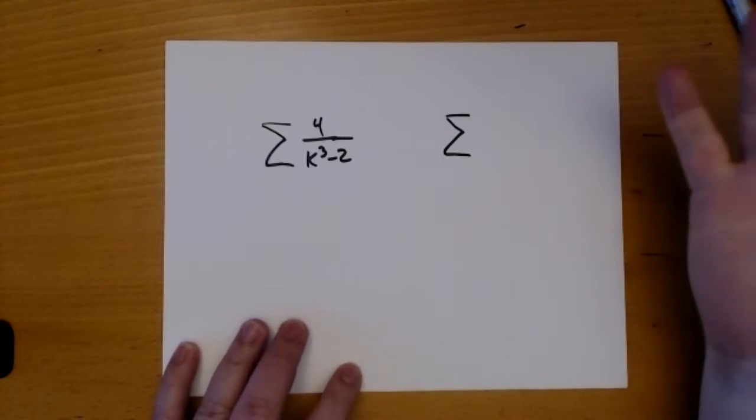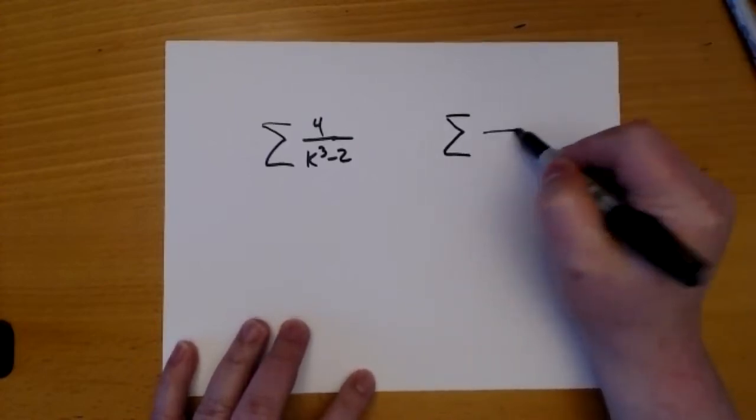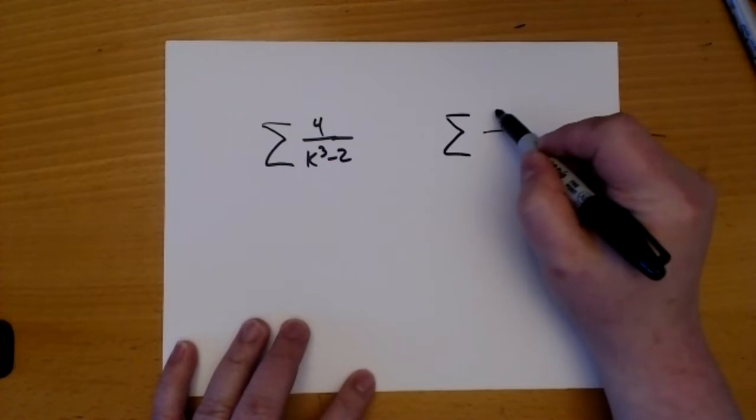What will it eventually look like? 4 over k to the third.